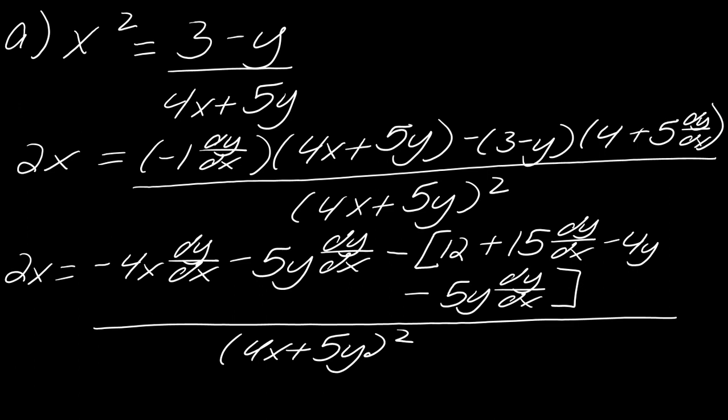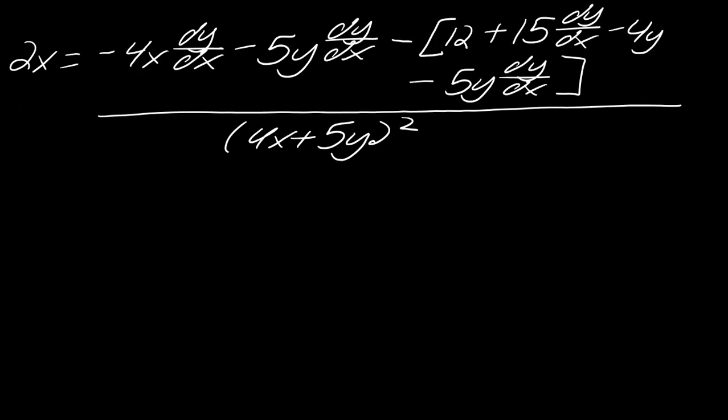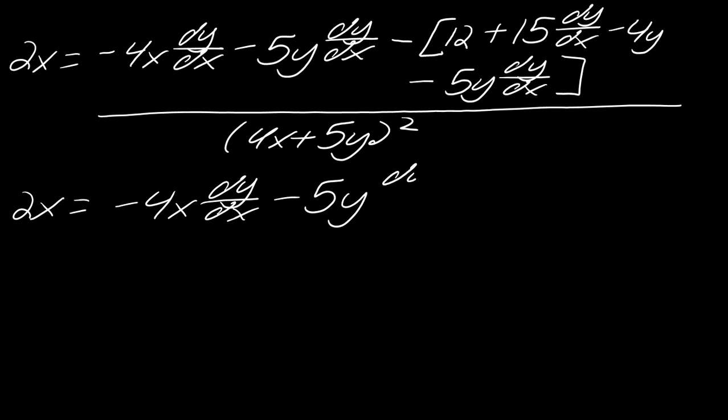I could use some room, so I'm going to clear some space. So now I've got 2x equals -4x dy/dx minus 5y dy/dx. And I'm going to put all the dy/dx's together.